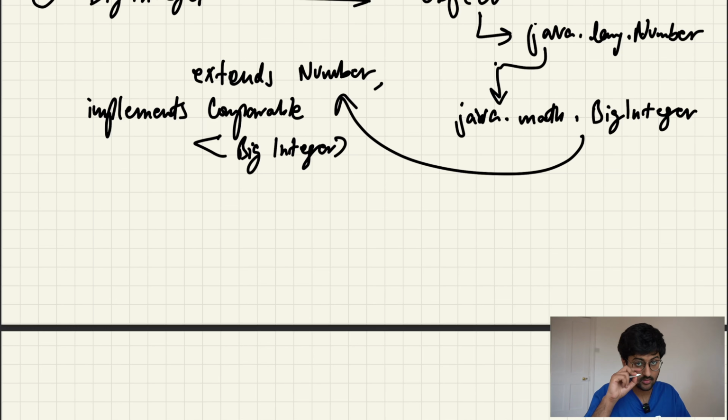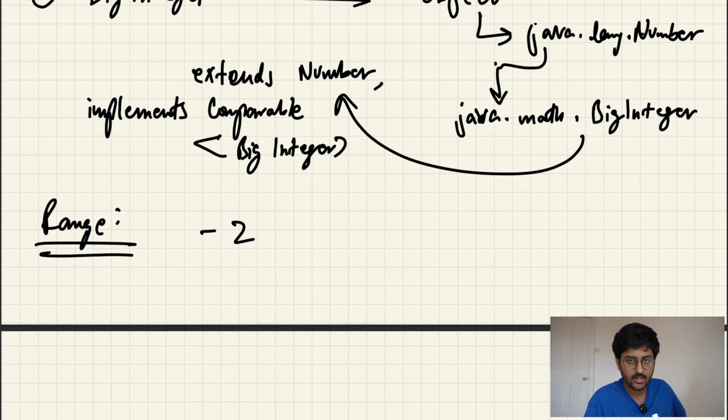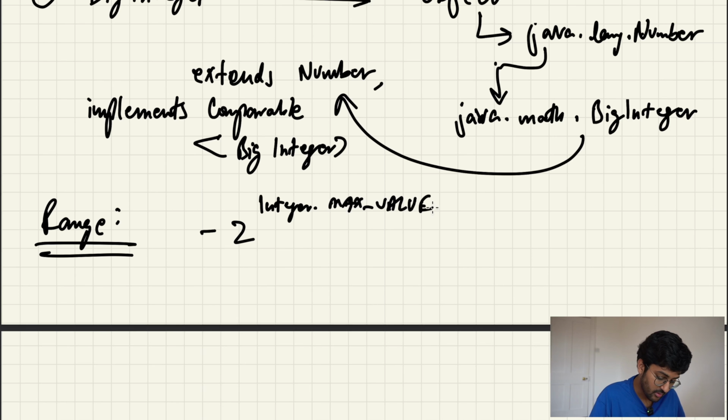Okay, one more thing before we get started with the code. What is the range of this? Okay, it's supporting large numbers, but what is the range? So range is pretty simple. Minus 2 raised to the power Integer.MAX_VALUE till 2 raised to the power Integer.MAX_VALUE.